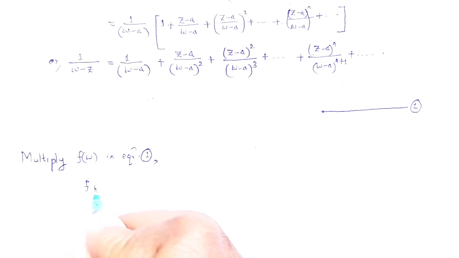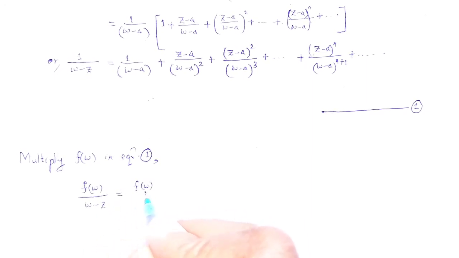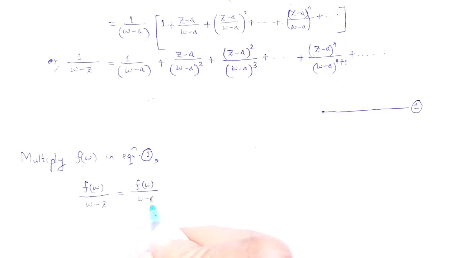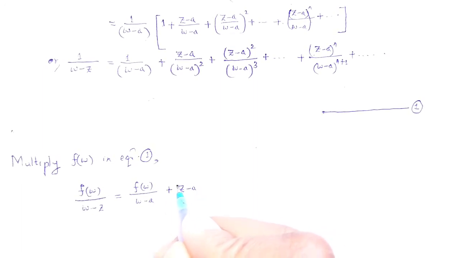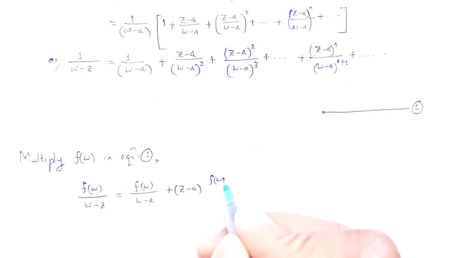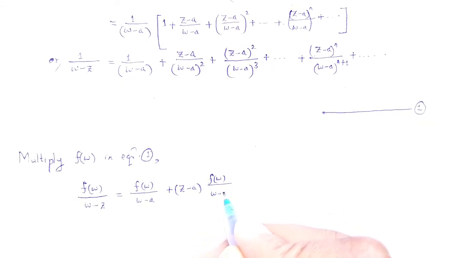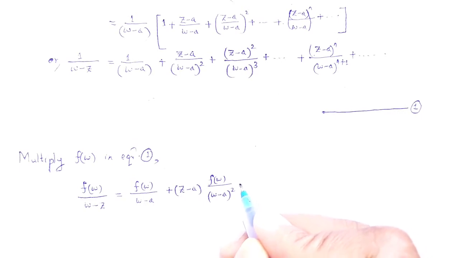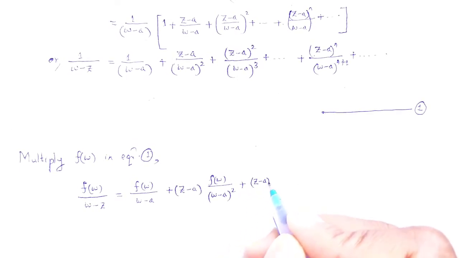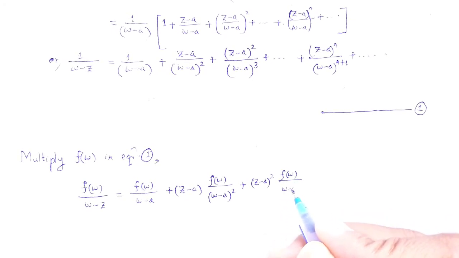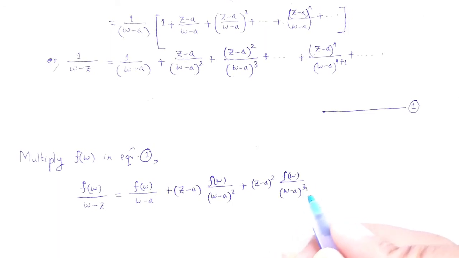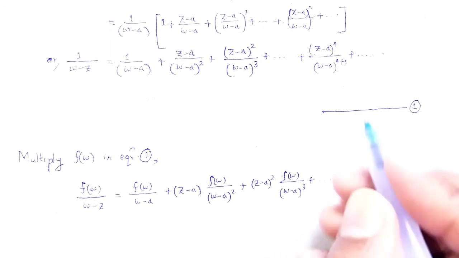It is written like this: f(w)/(w − z) = f(w)/(w − a) + (z − a) f(w)/(w − a)² + (z − a)² f(w)/(w − a)³ + ... up to the nth term.